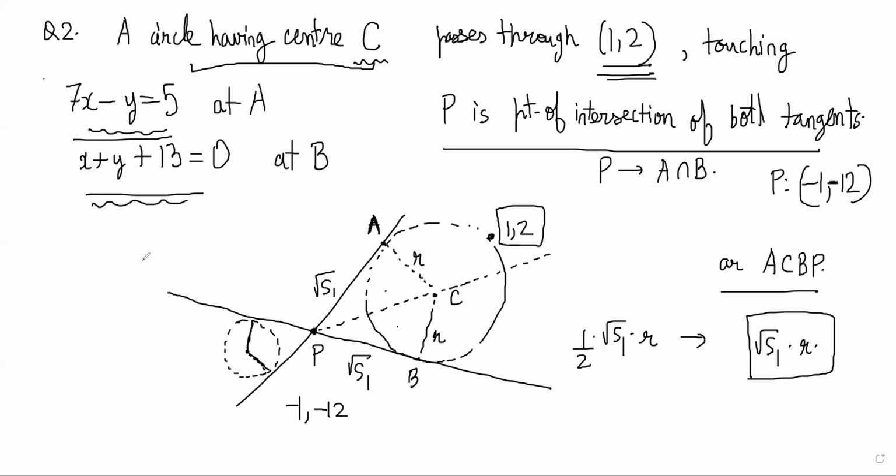It's for tangency. So we can say the equation of family of circles, the fixed point is -1, -12. It should be tangent at that point as well. It is tangent at the point, but we don't know the point of tangency.